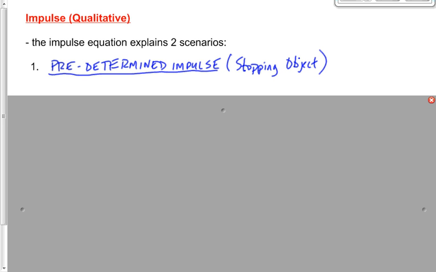Now, the equation that describes impulse, the one that we want to use here, the one that's relevant to this analysis, is delta P is equal to F times delta T. Let's pretend for a second we have a predetermined impulse of 10 Newton seconds, 10 millinewton seconds, 10 whatever.